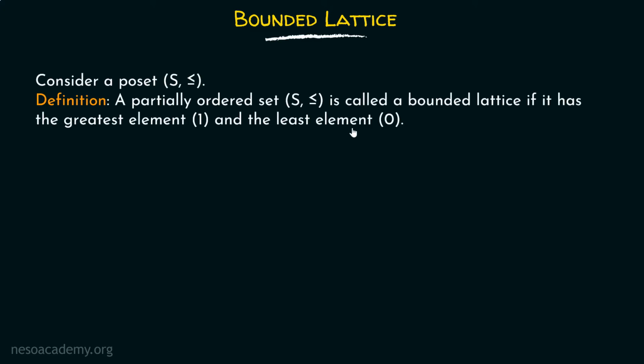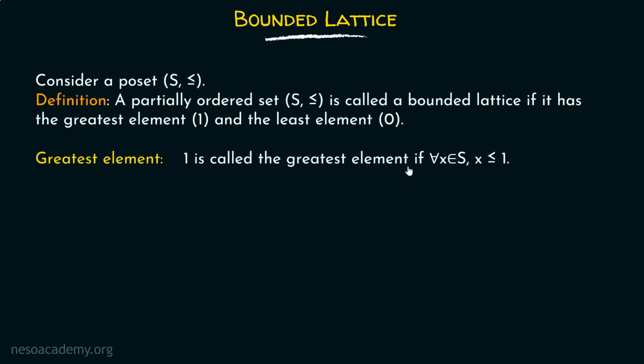Now let's try to understand the meaning of greatest element and least element. 1 is called the greatest element if for all x belonging to S, x is less than or equal to 1, or x is related to 1. This means that every other element must be related to 1. Then only we can say 1 is the greatest element.